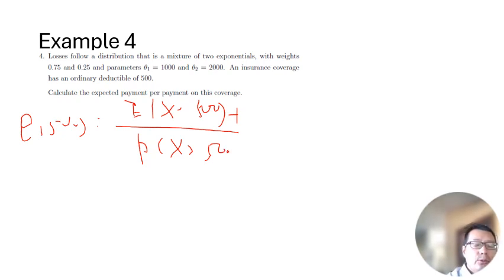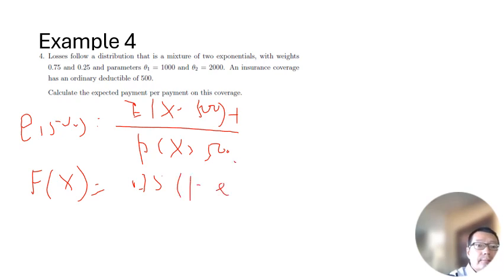Now this question is slightly different in that it is a mixture of two exponentials. But again, we can use what we learned from mixtures to calculate F(x) and S(x) first. For a mixture, you just need to weight both to get F(x).